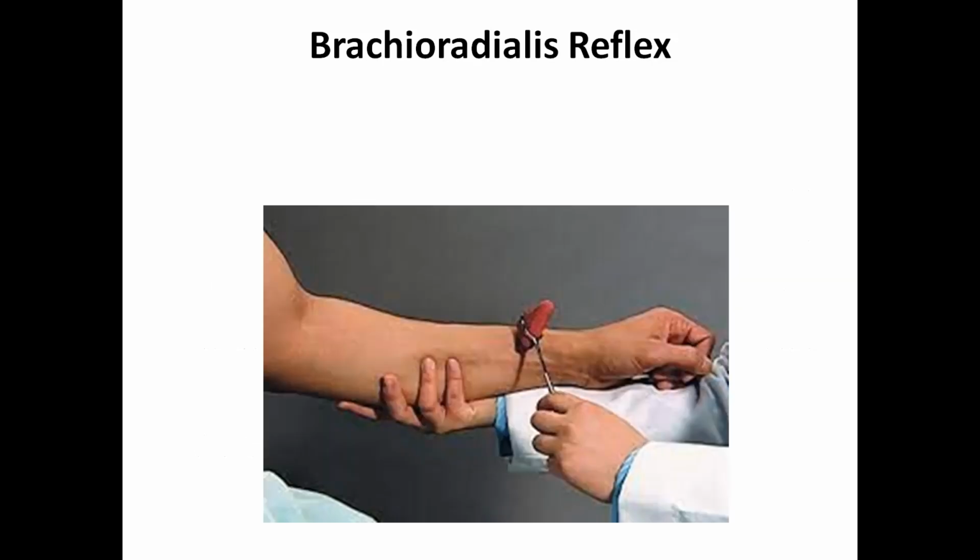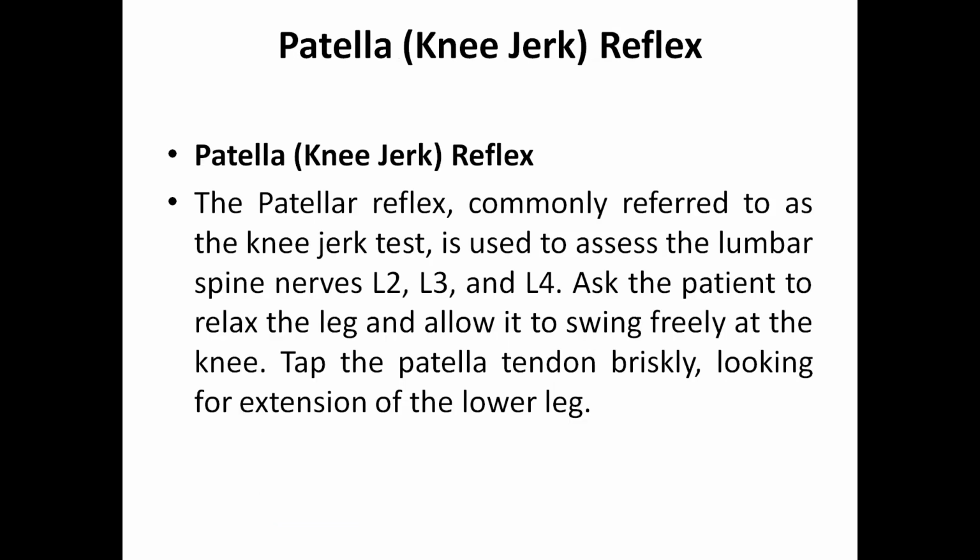This is a picture depicting the brachioradialis reflex. Here you could see the tapping at the level of the insertion of brachioradialis, approximately 10 centimeters above the wrist. The next reflex is the patellar reflex, also called the knee jerk reflex. It is used to assess the lumbar spinal nerves L2, L3, and L4.